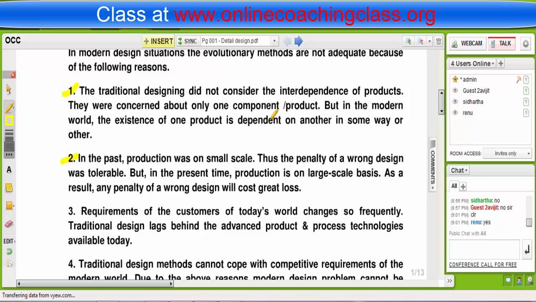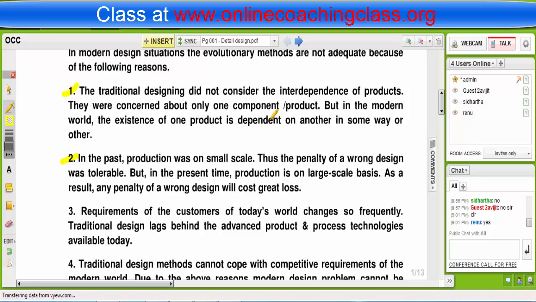As a result, any wrong design will cause great loss. That means, earlier, production was very small scale; maybe in a TV company, in a single day they would produce one TV. Now, in a single company, in a single day they can produce 10,000 TVs at a time.